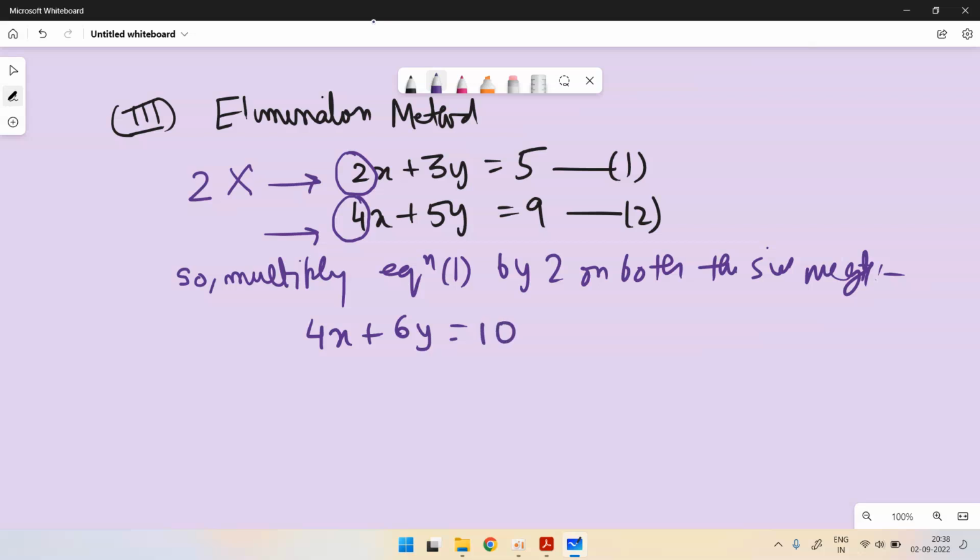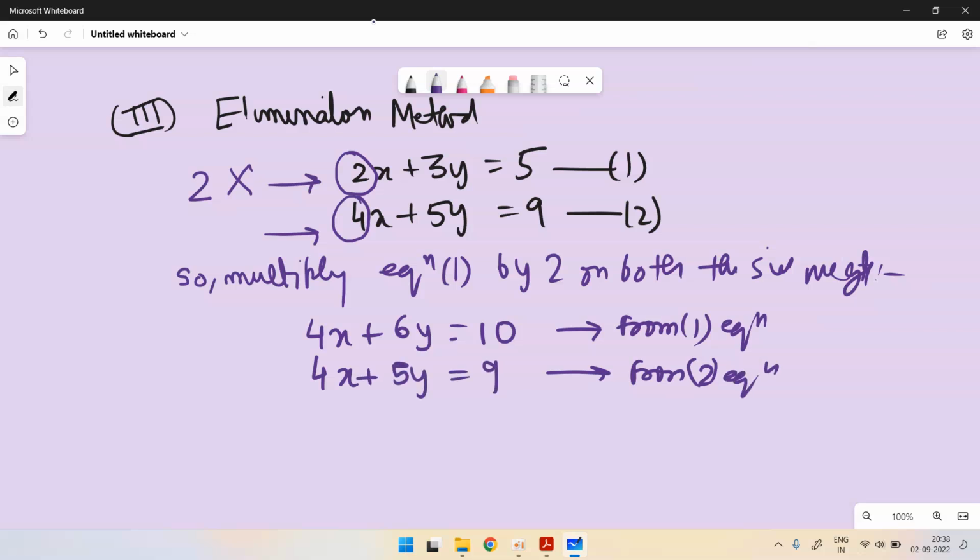Now I'm writing again the equation number 2. This is from 1, and I'm getting this from 2. One equation, the second equation is 4x plus 5y equal to 9. Now if you subtract these two, I'm putting a minus sign here.